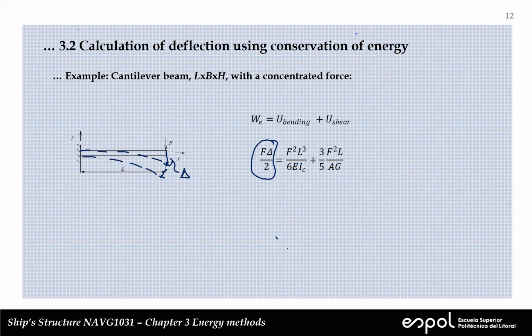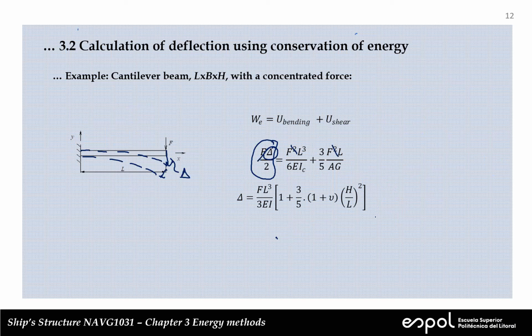Again, this is 1/2 because the application of the force goes slowly increasing, and eventually we obtain the full value. And here you can see the shape. On the right-hand side, the force is squared. On the left-hand side, the force is to the first power. So we can cancel, and we can obtain the deflection. In this case, this is the expression.